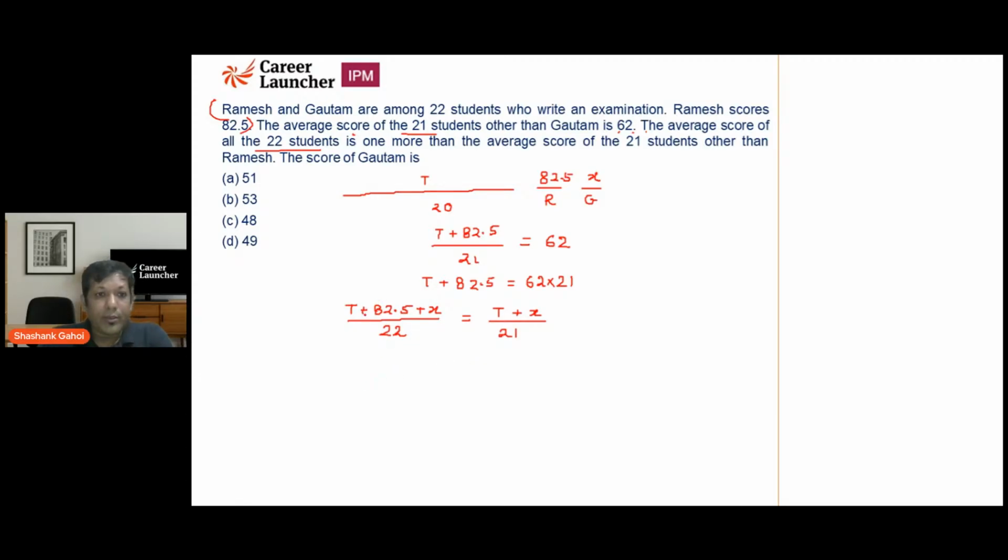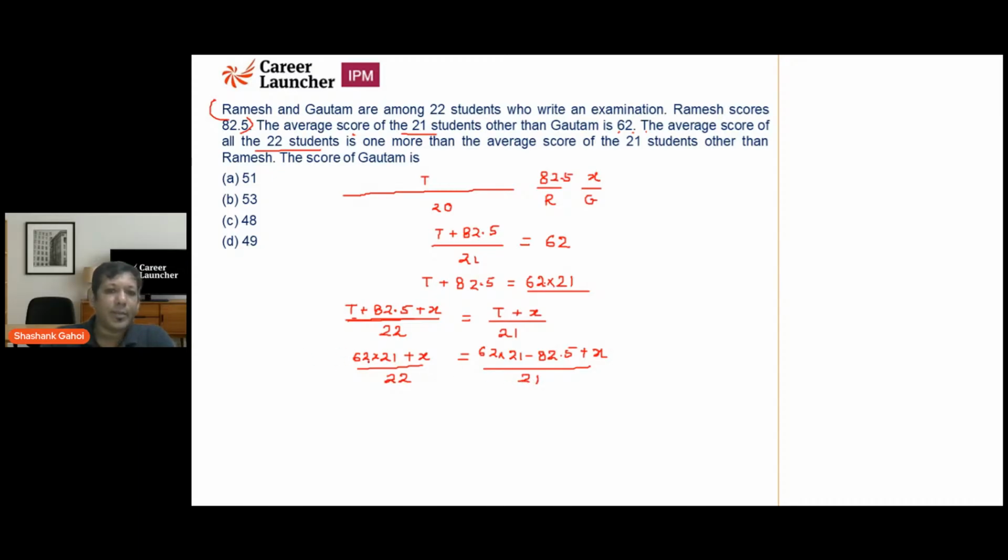So T plus 82.5 is 62 into 21. So (62 into 21 plus X) upon 22 is equal to (62 into 21 minus 82.5 plus X) upon 22, and now we can solve the whole equation.